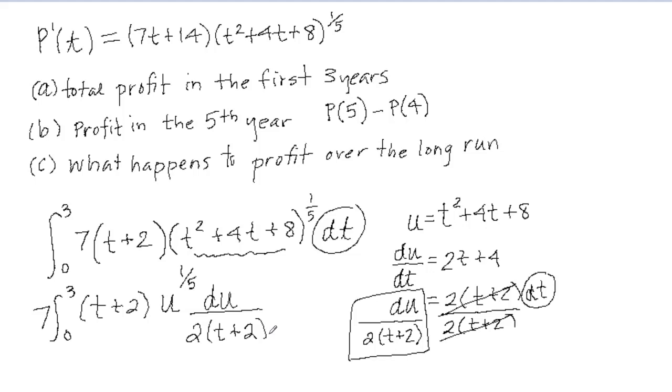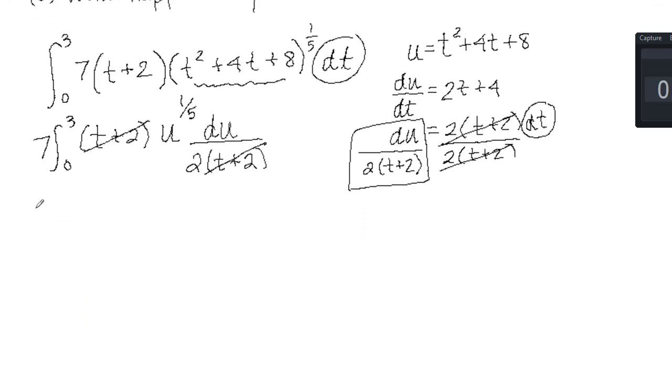Now you can see that the t plus 2's will reduce, and that's going to leave me with a 7 over 2, because this is in the denominator. I'm bringing it outside. Integral 0 to 3, u to the 1/5 du. That's not a very complicated integral. It's just the power rule.